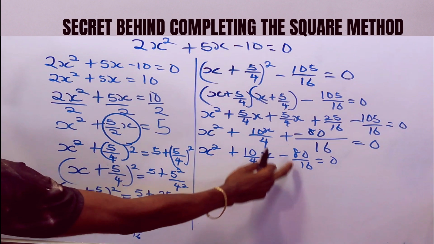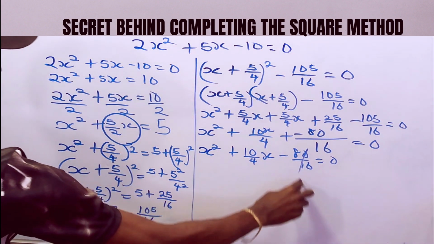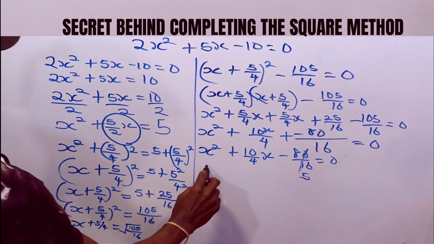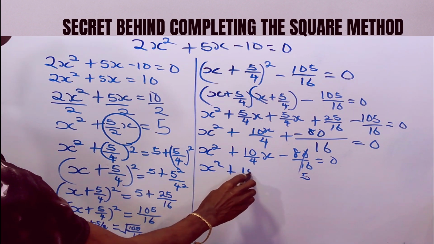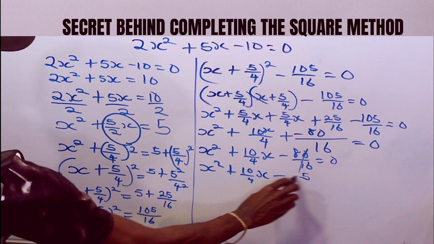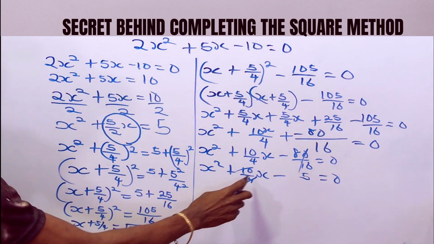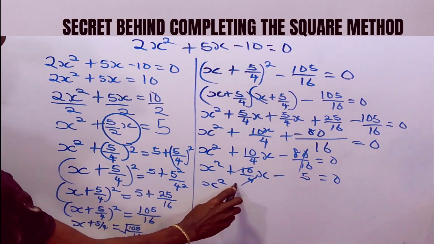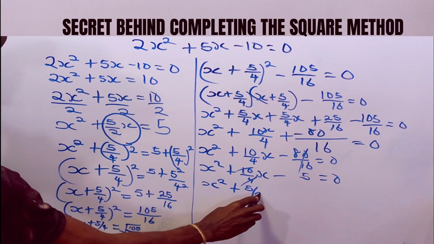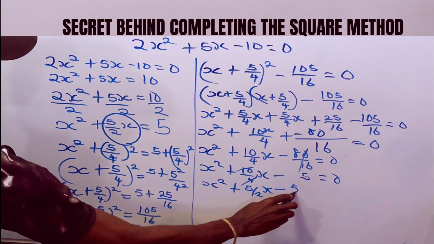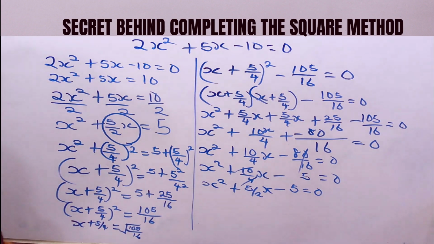And 80 over 16 is 5, so x squared plus 10 over 4 x minus 5 equals 0, which means we have x squared plus 5 over 2 x minus 5 equals 0.